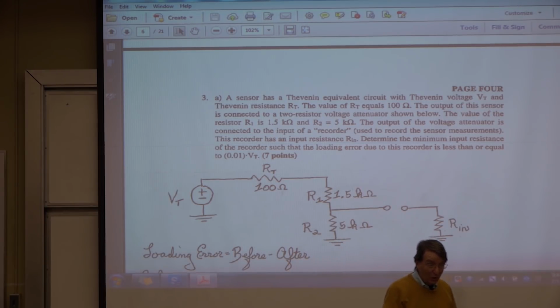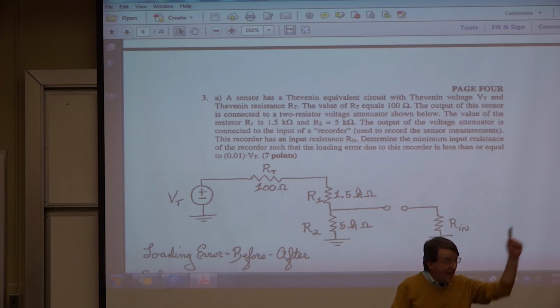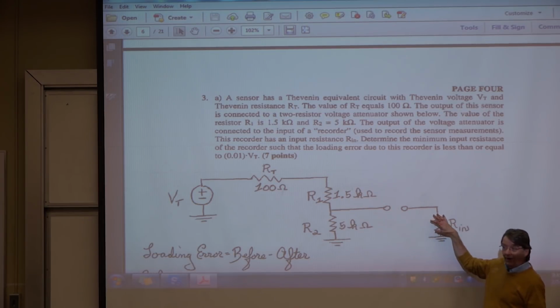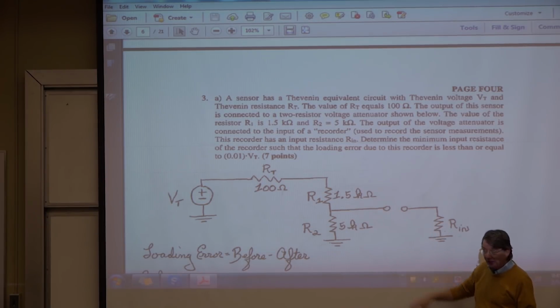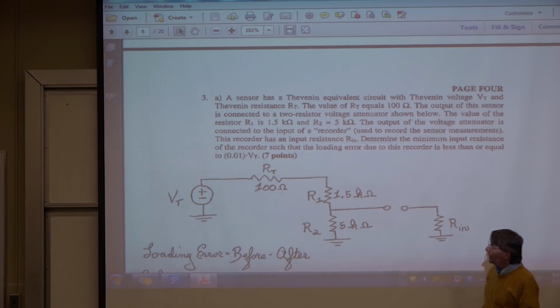And you know the loading error is V before minus V after. So notice I'm showing you the circuit before, and then I'm saying we're then going to connect it. So that's going to become the V after, okay? So it says here, determine the minimum input resistance so the loading error is less than or equal to 0.01 VT.